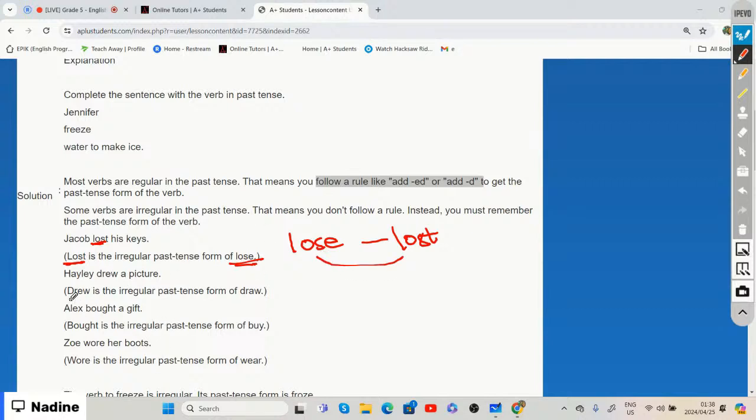The same with drew. Haley drew a picture, right? So in the present, Haley draws a picture, but in the past, Haley drew a picture. So now that wording changes, whether it is only one letter in that word, but the word changes.